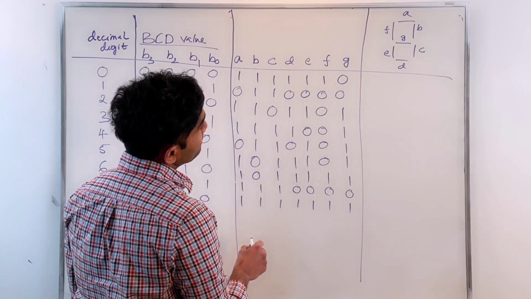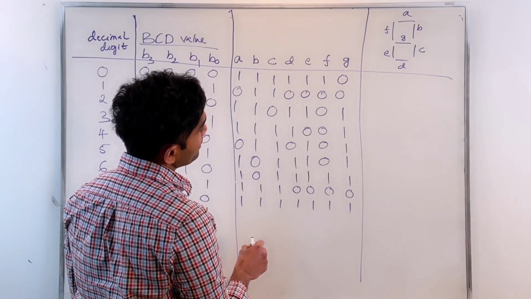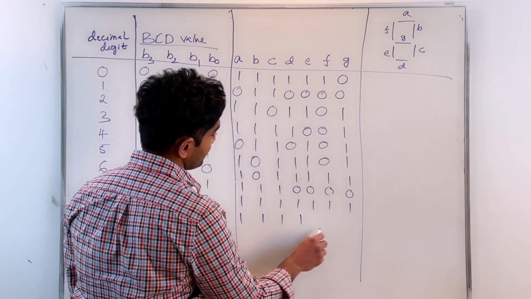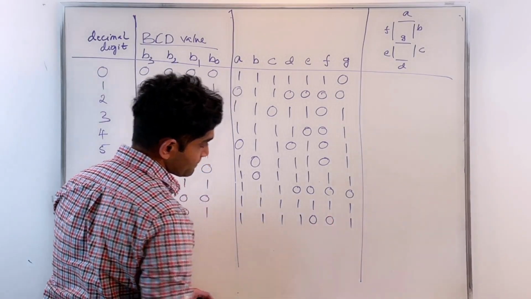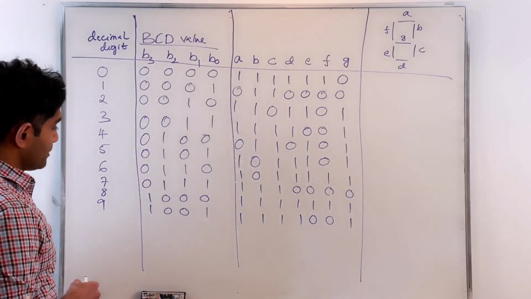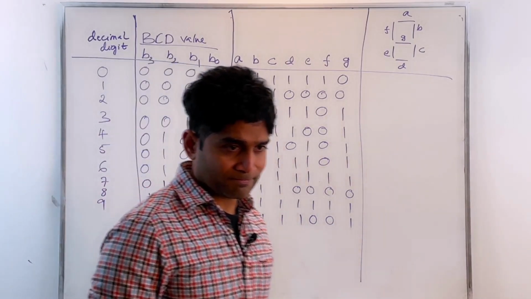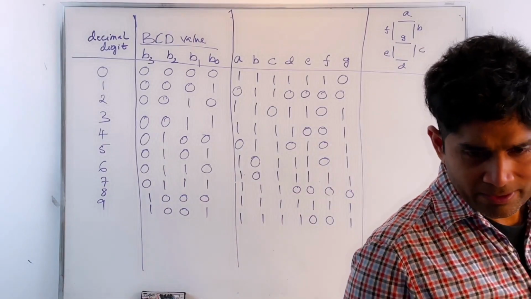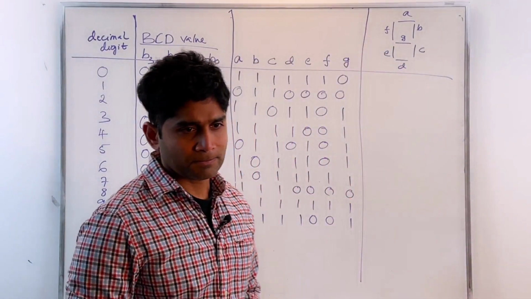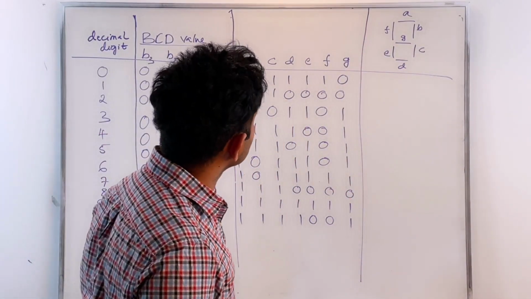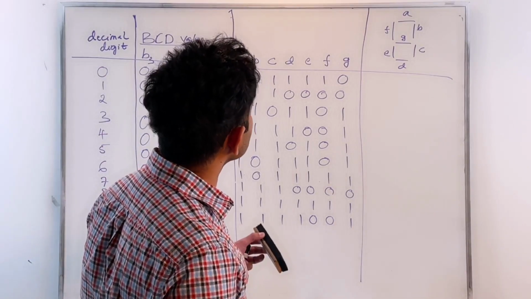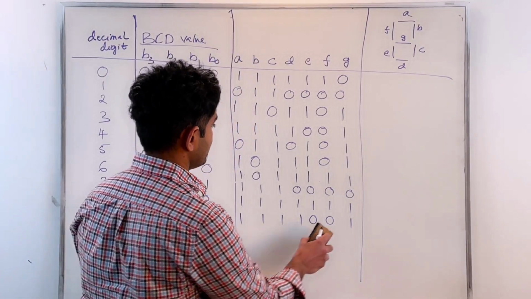A, B, C, D, F, and G. Okay. What about the rest? Yes, 9, that's correct.